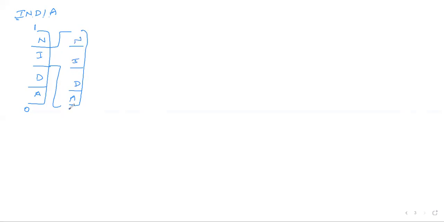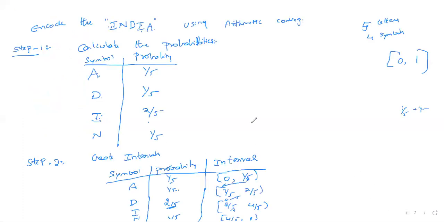Now you have to calculate lower interval and upper interval. So lower interval L is equal to previous lower interval 0 plus difference of previous interval, 1 minus 0, into the lower interval of the symbol I that we calculated already.